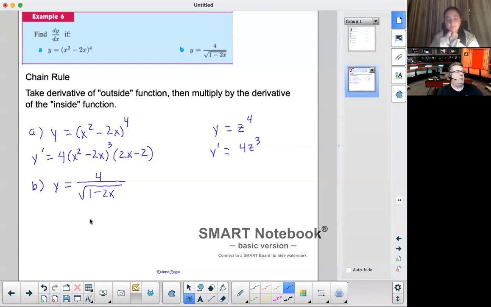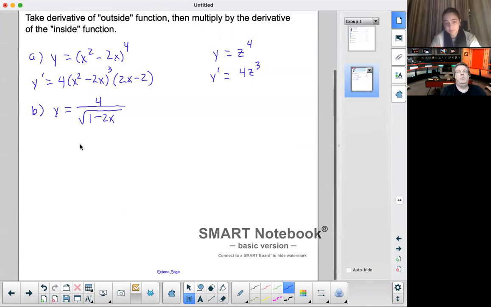But number one, quotient rule is the worst of them all, usually for students. Number two, we would still have to use the chain rule to take the derivative of this nonsense in the denominator. So before we start taking the derivative, we're going to rewrite it in a form where we can just use the chain rule. And that's going to involve moving this guy up to the numerator.